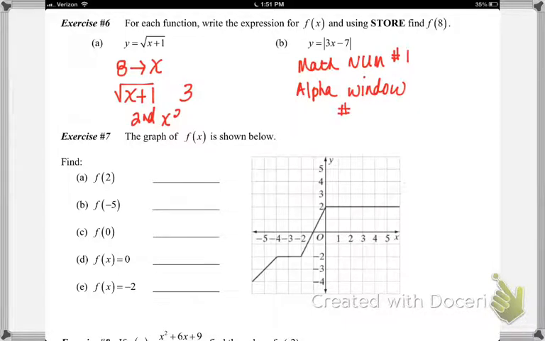The absolute value symbols will show up, and then you're going to input the absolute value of 3x minus 7, and your answer is going to be 17.